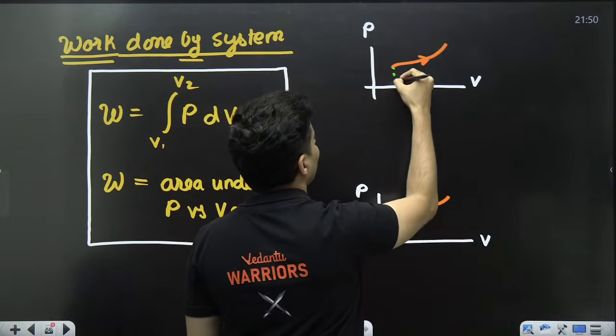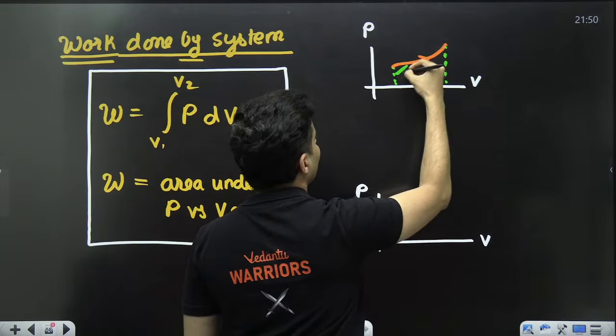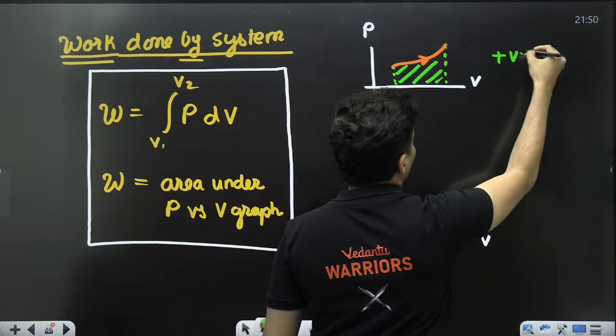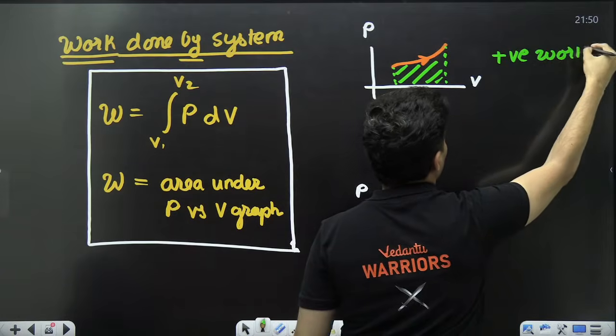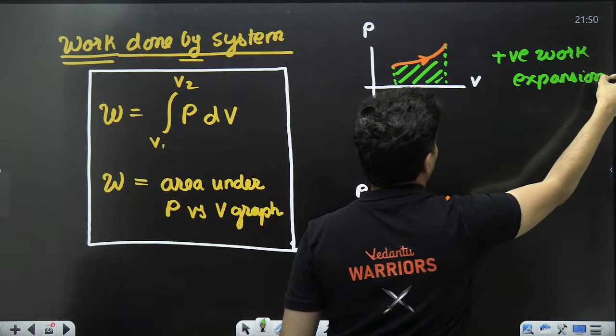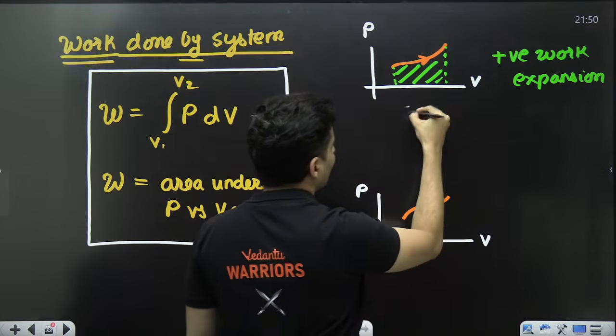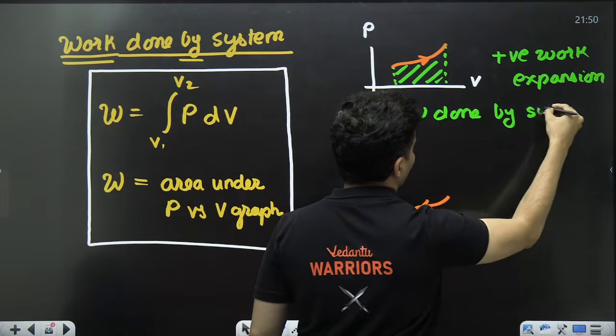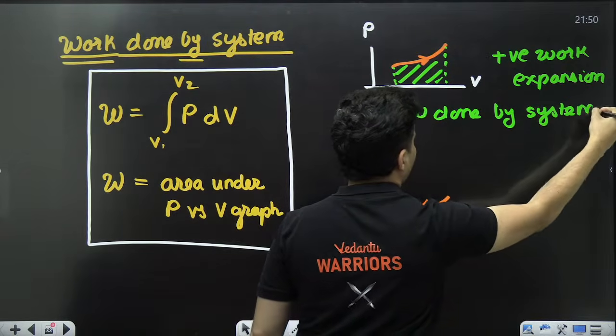Here, if you notice, my volume is increasing. This is considered positive work during expansion. This is work done by the system.